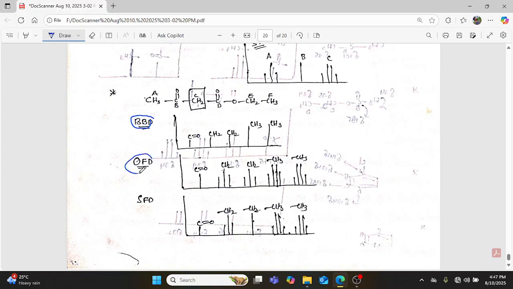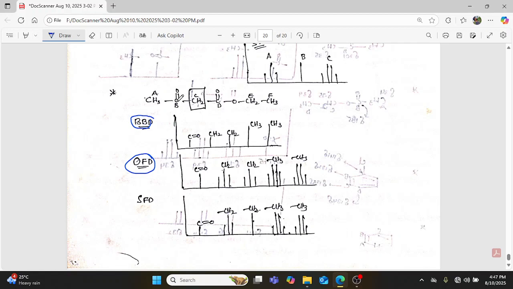In case of off resonance decoupling, what do we need to observe? If one carbon contains one hydrogen, we apply the n plus 1 rule: 1 plus 1. CH3 means 3 plus 1, 4. CH3 means 3 plus 1, 4. CH2 means 2 plus 1, 3. CH2 means 2 plus 1, 3.